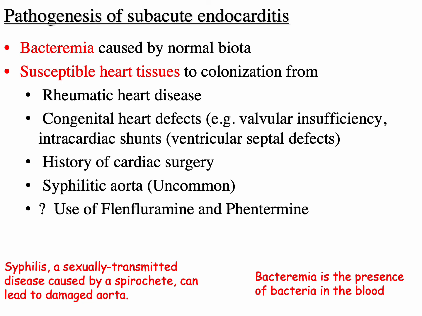People who cannot lose weight can take these two drugs to help control body weight. There is a report by the CDC way back that there is a link between this and the development of damaged heart that could lead a person to get subacute endocarditis.